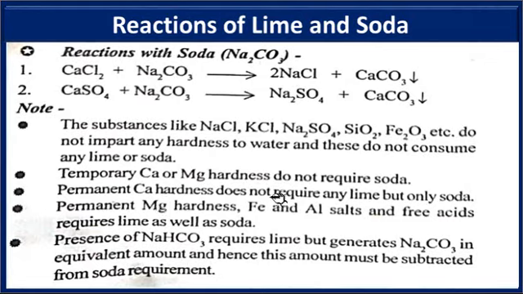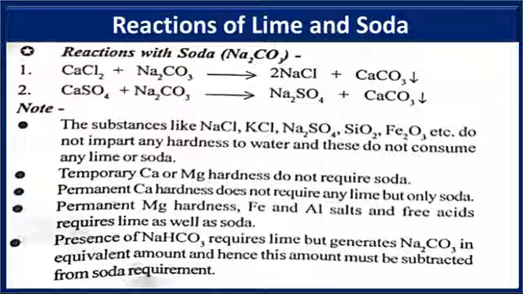Permanent calcium hardness does not require any lime. For the removal of permanent calcium hardness, only soda is required. Permanent magnesium hardness, that is magnesium chloride, magnesium sulfate, iron and aluminium salts, iron sulfate and aluminium sulfate, and free acids HCl, H2SO4, requires lime as well as soda.